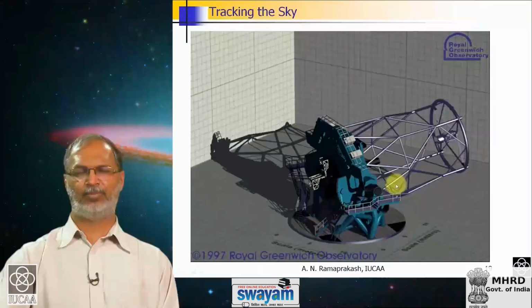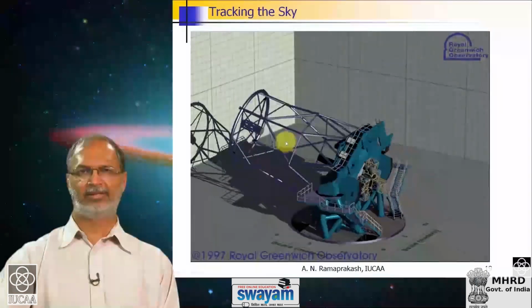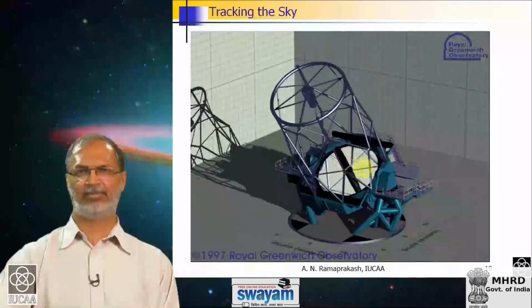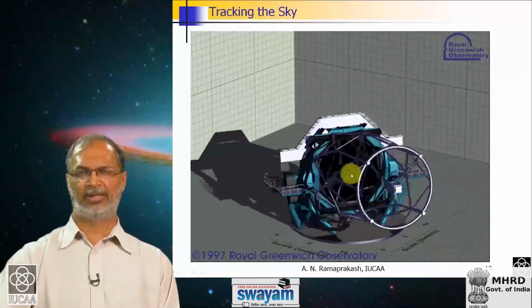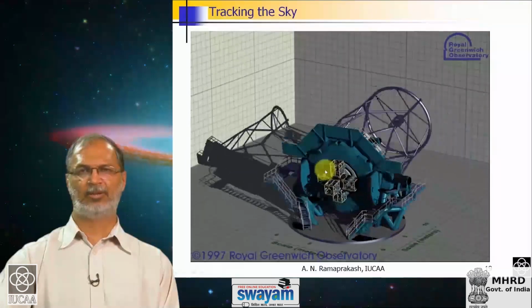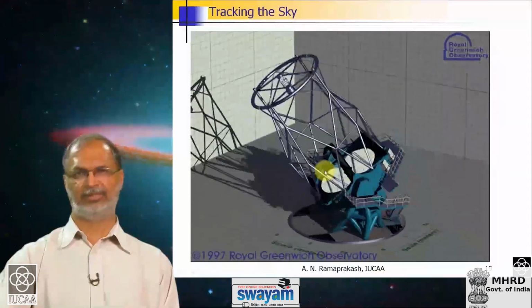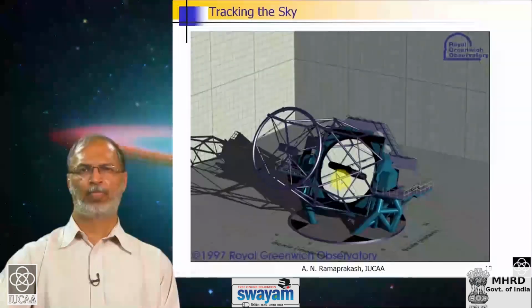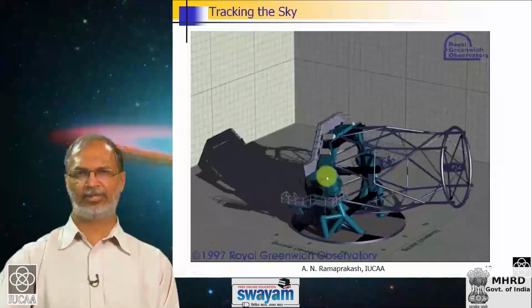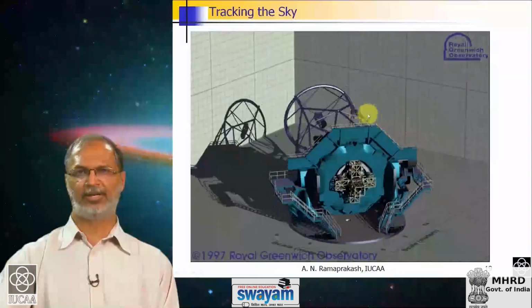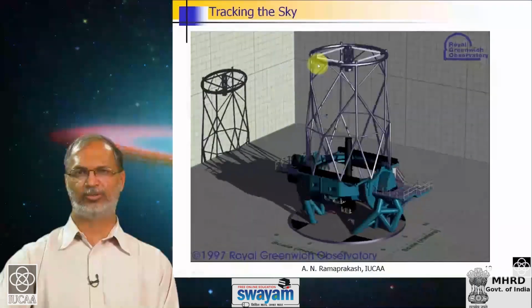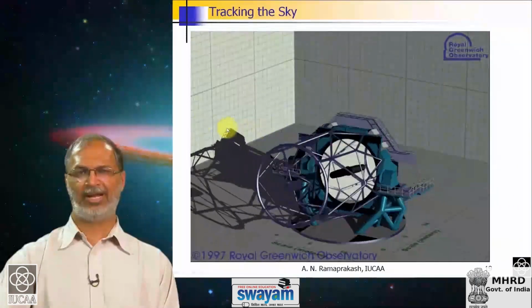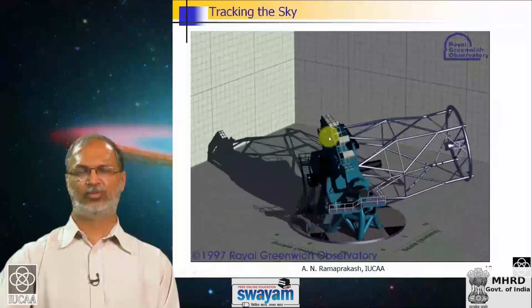Now, the point to keep in mind here is this is an enormously large structure. This mirror is 8 meters in diameter. The glass is several tons heavy. This mirror and the secondary mirror at the top of the telescope, the 2 mirrors which form the images, have to be very well aligned as the telescope moves around.